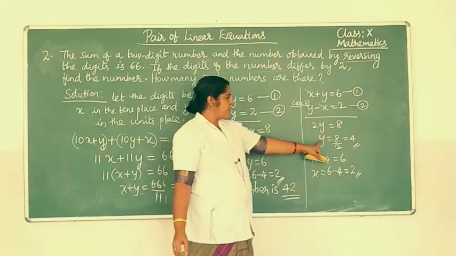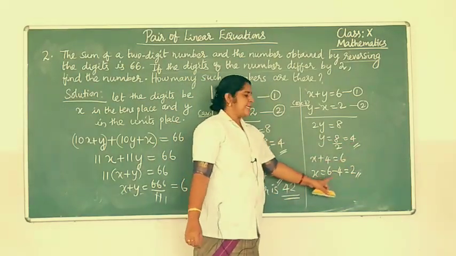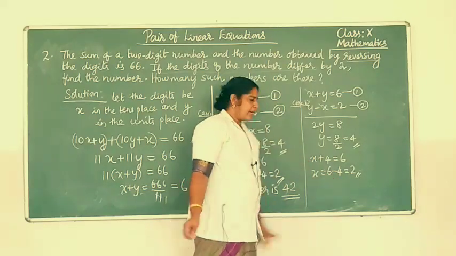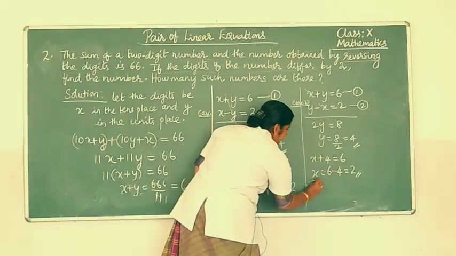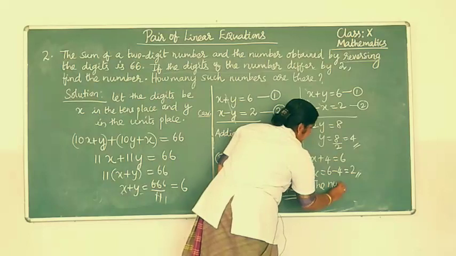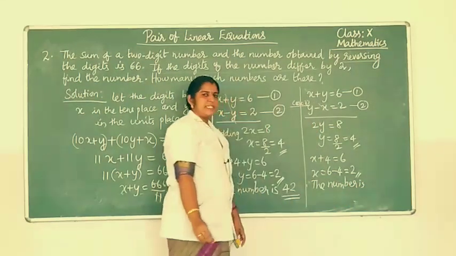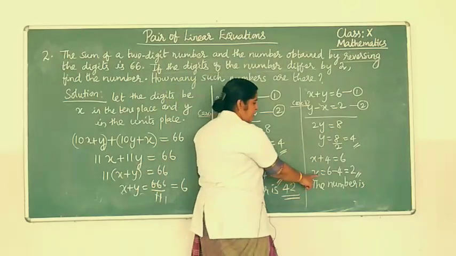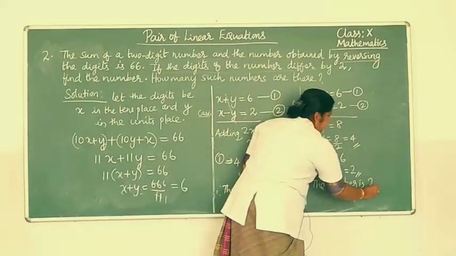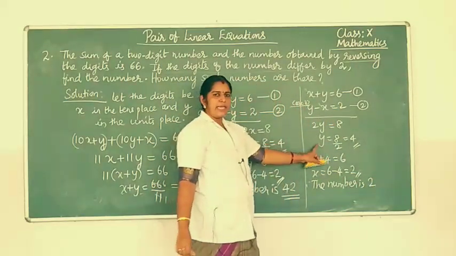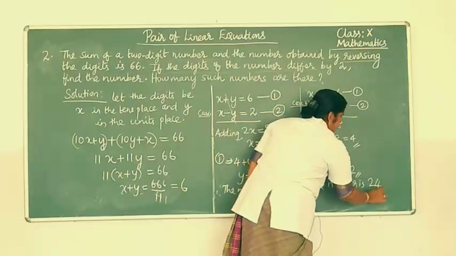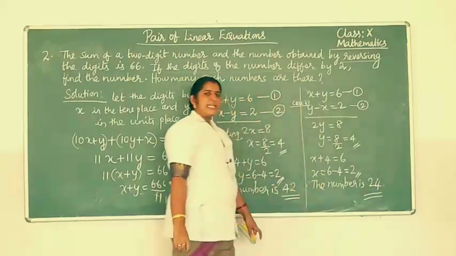So when y equal to 4, we got x equal to 2. So what is the number? Therefore the number is, what is the first digit we have taken? X. What is the value of x? 2. And the second digit is y, it is 4. So 24.